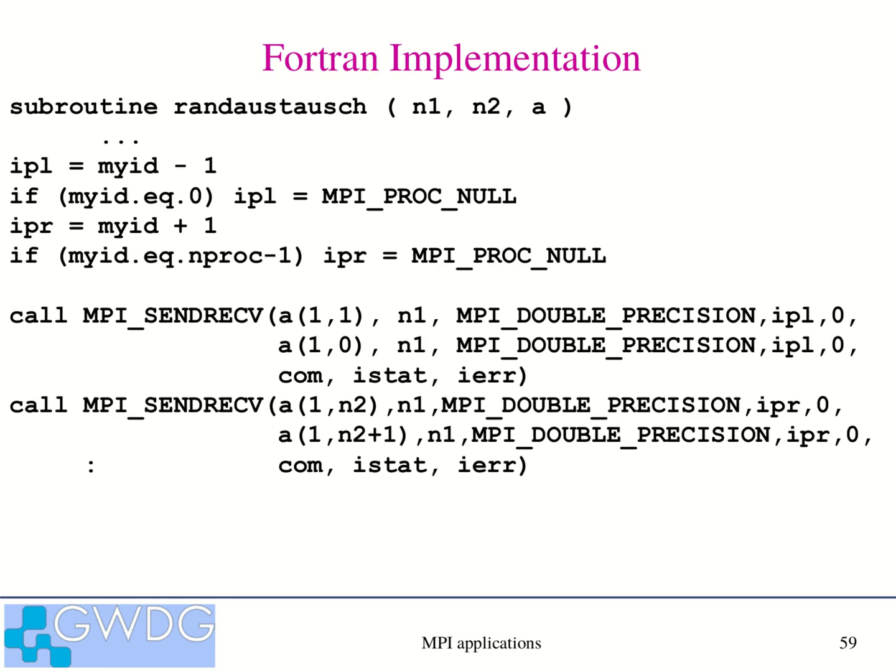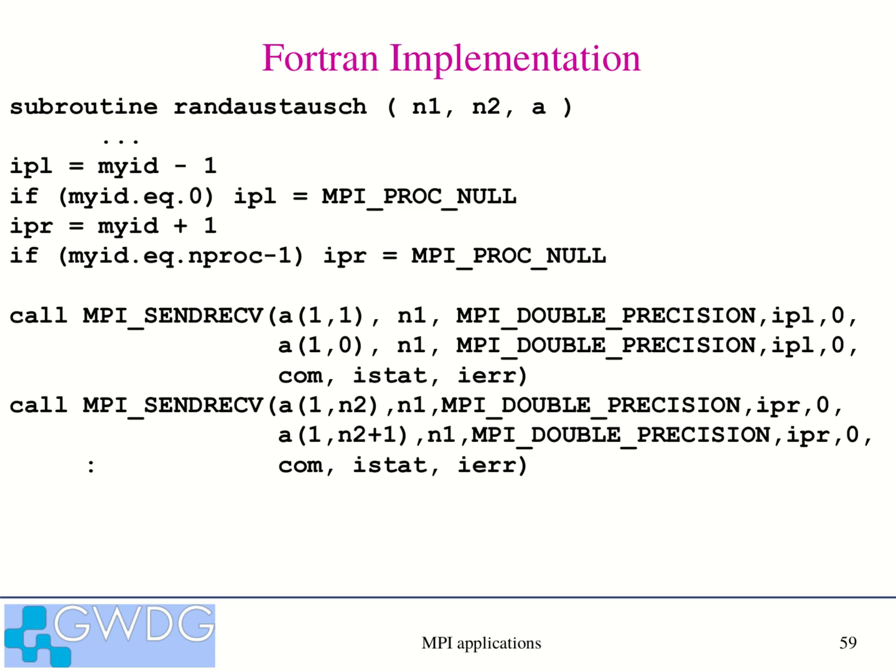But if I have the leftmost piece of domain, then my left neighbor is non-existent. So I put left neighbor is MPI proc null. Same for the right neighbor, which is MID plus 1. If I have the rightmost piece, then my right neighbor is just MPI proc null.